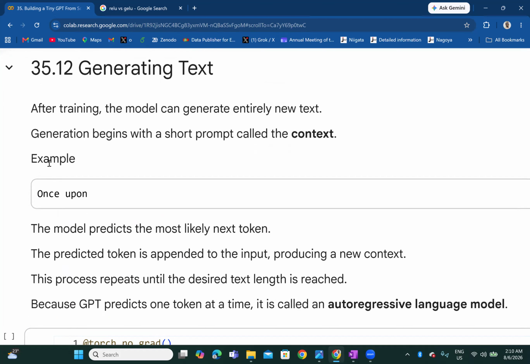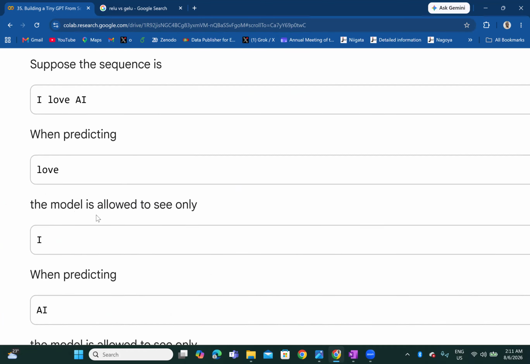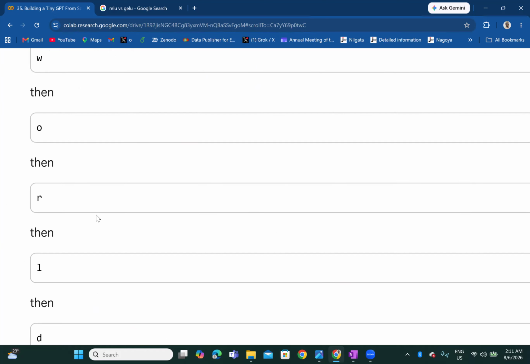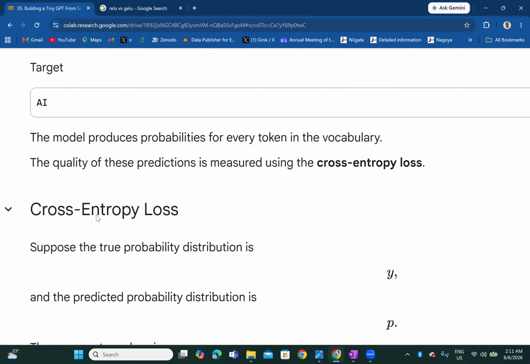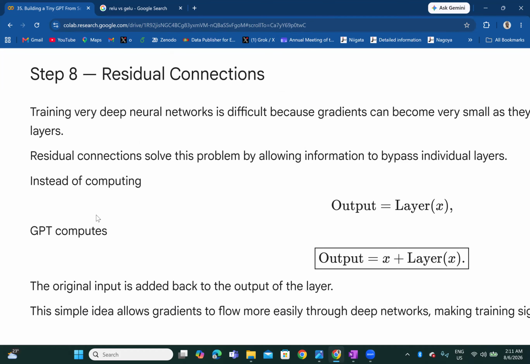For example, once upon. If you start with that, don't forget what we had originally, the original text with which we started this whole story. Where is it now? I hope it's not too far away.